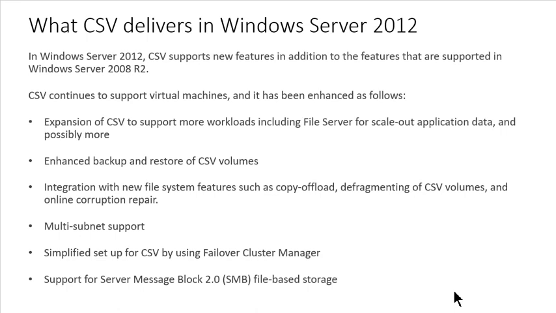The expansion of CSV supports more workloads, including file server for large scale-out apps and data. Enhanced backup and restore of CSV. Integration with new file system features such as copy offload, defragmentation of CSV, and online corruption repair. Multi-subnet support and simplified setup of CSV for Failover Cluster Manager.